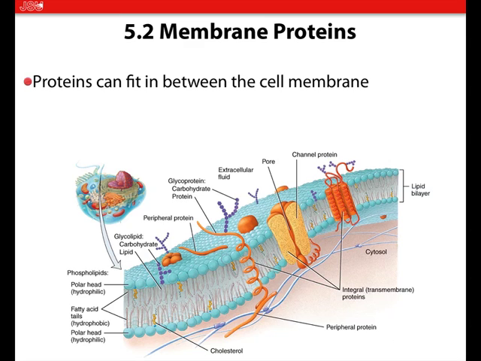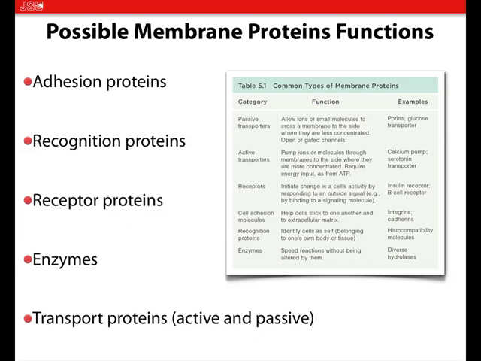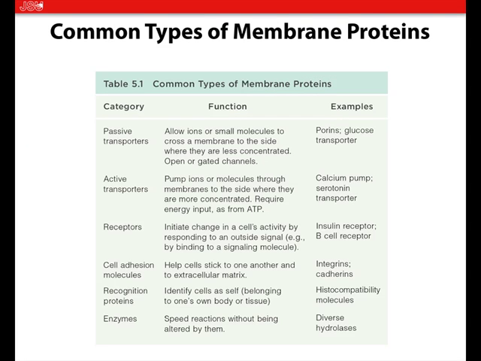But the point here is that we have proteins in close association with our bilayer membrane, and many of these move around the bilayer. Lots of different types of proteins we're going to see on the bilayer membrane. We're going to go through each one of these in detail. This is just a summary slide of those proteins.